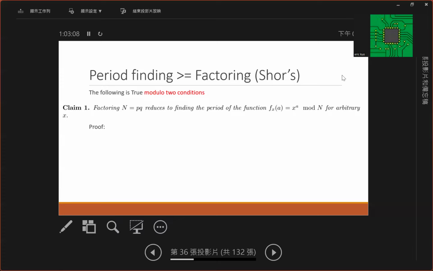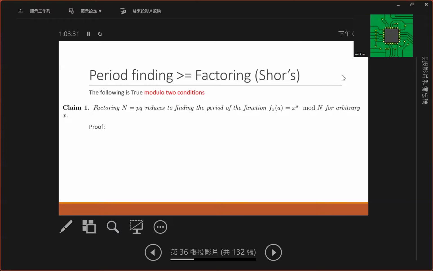Okay, so the final case is that P and Q both belong to this. And in this case, you cannot get anything, because they both fall into this. Okay, so there are two conditions.